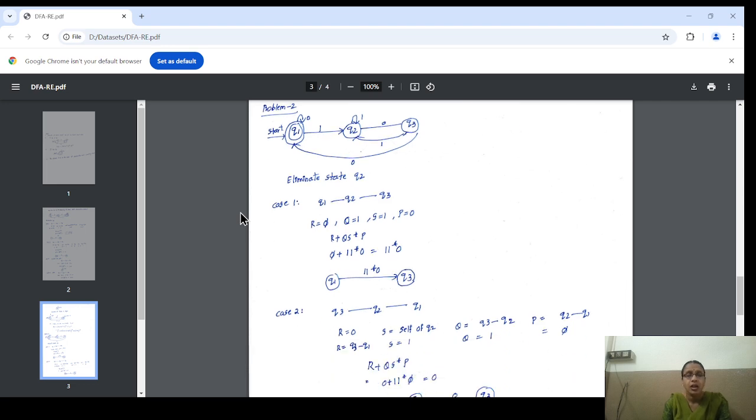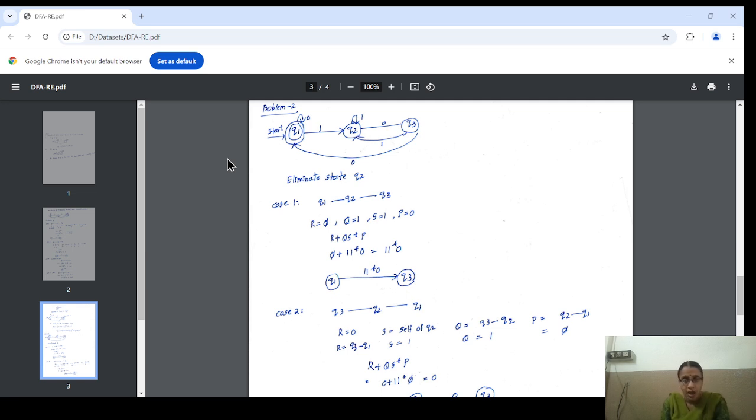And in the second case, we are taking the state Q3 to Q1. For Q3 to Q1, we are taking the intermediate state Q2. So for Q3 to Q1, there is no direct path. So in the diagram, the direct path from Q3 to Q1 is 0. So the R value is 0. S is the loop on Q2, that is equal to 1, and Q is nothing but Q3 to Q2.